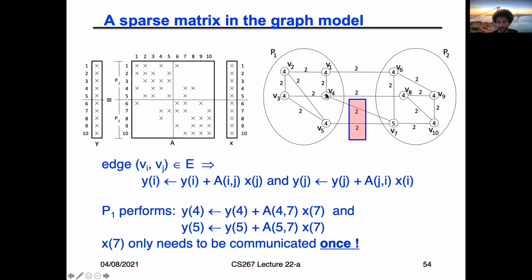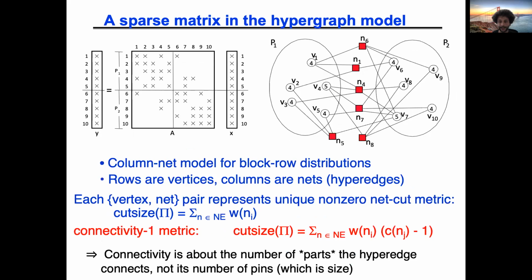The processor who owns V4 and V5 needs V7, but it doesn't require V7 twice. It only requires it once. Any good implementation would be able to, in some sense, bundle the request to V7 and only send the X7 entry once. But how can we model this? Clearly, the graph is not modeling it correctly.